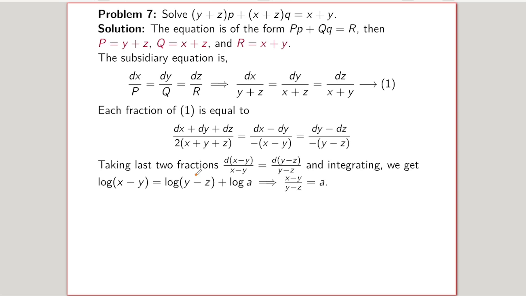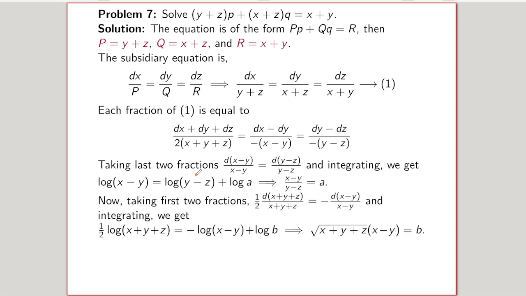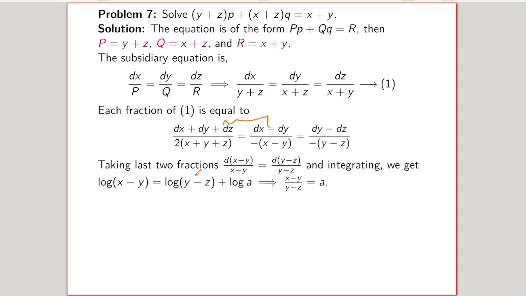And then I'm going to take these two terms, the first two terms. Taking first two fractions, observe that we can write first one as d of x plus y plus z divided by, we can take 1 by 2 outside, so it will be x plus y plus z.